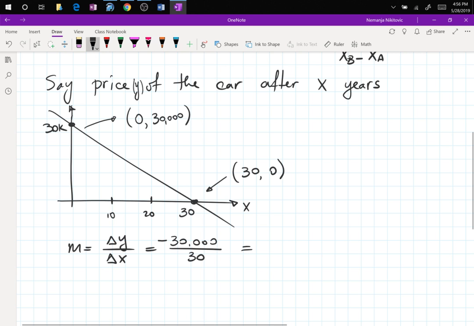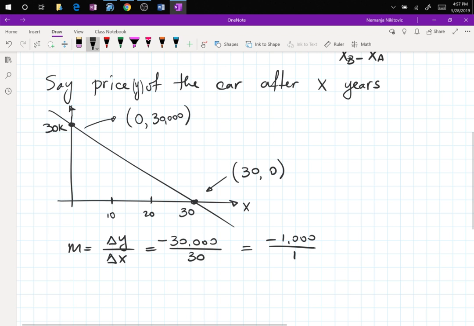When I cancel, I get negative 1,000 over 1. Now, I know that you would put negative 1,000, but I really want this over 1 because slope gives us the rate of change in time.